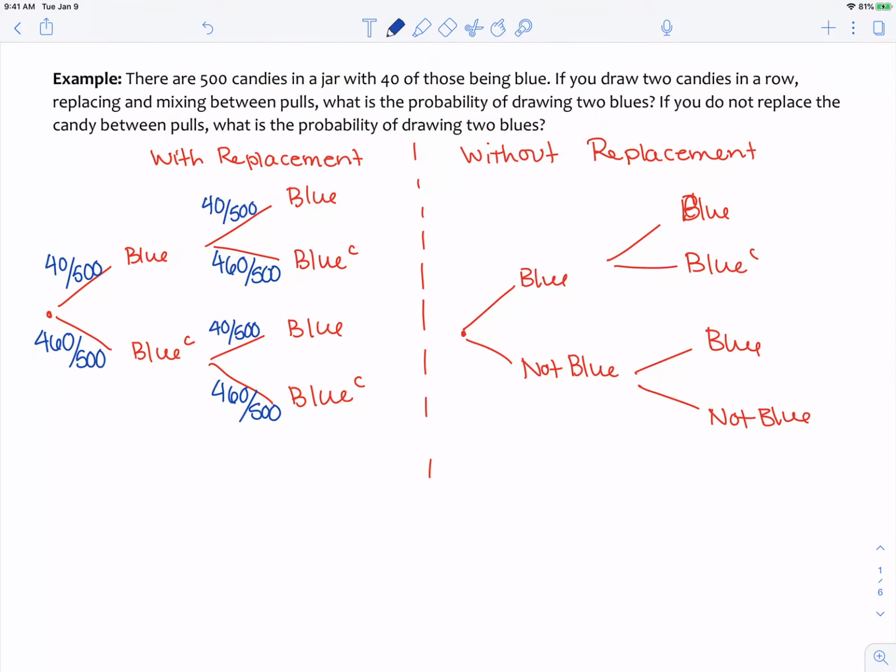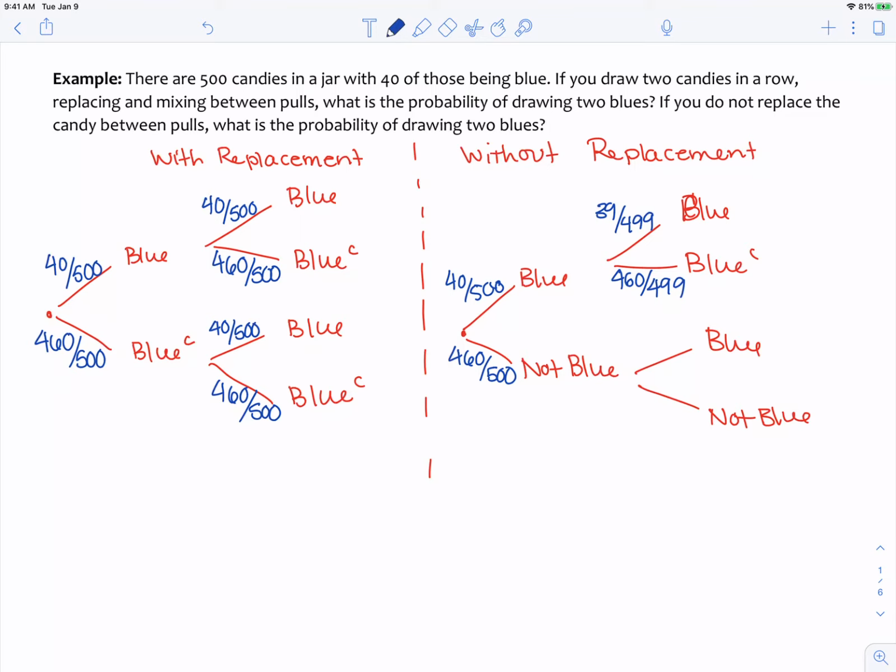And then for our first selection, we still have 40 out of 500 are blue, 460 out of 500 are not blue. But once we make that selection of a blue candy, we're going to keep it. So that means there's only 39 out of 499 left. And of the not blue, there were still 460, but out of 499.